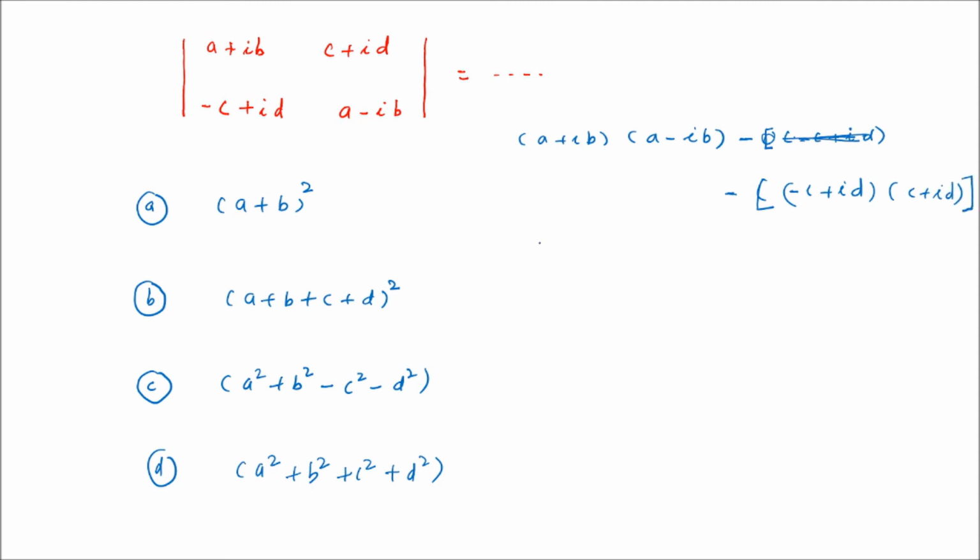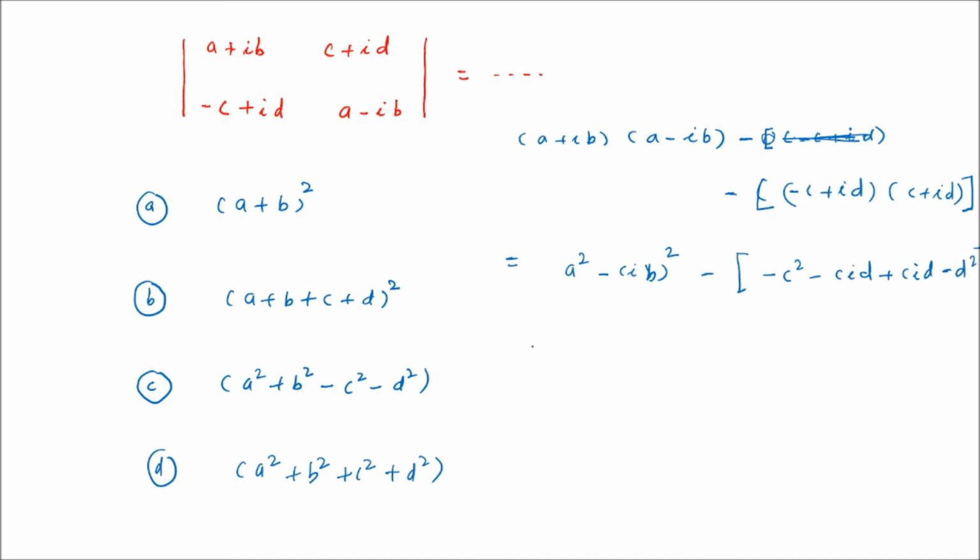Okay. So this is equal to, we can write its multiplication directly here, a square minus b square. So this is minus, let us multiply it by minus c square minus c into this minus cid, then multiply it by id plus cid. i square into i square means minus 1 minus d square I can write.